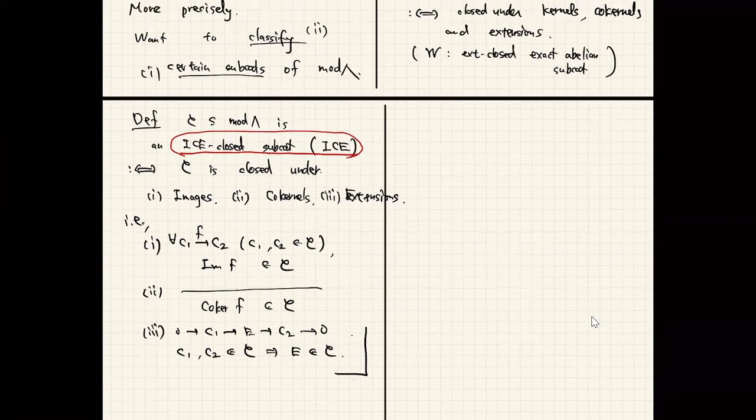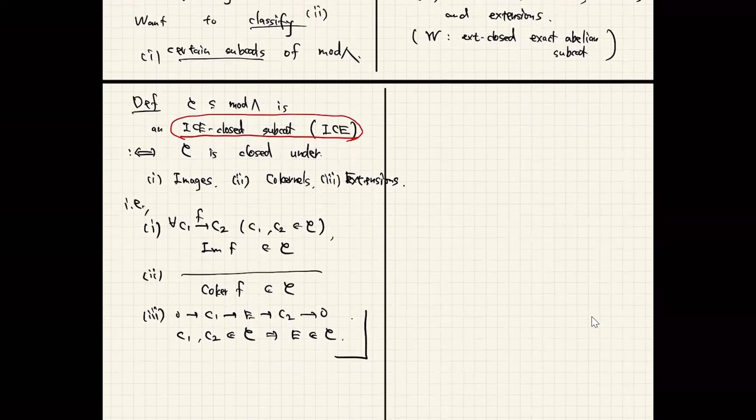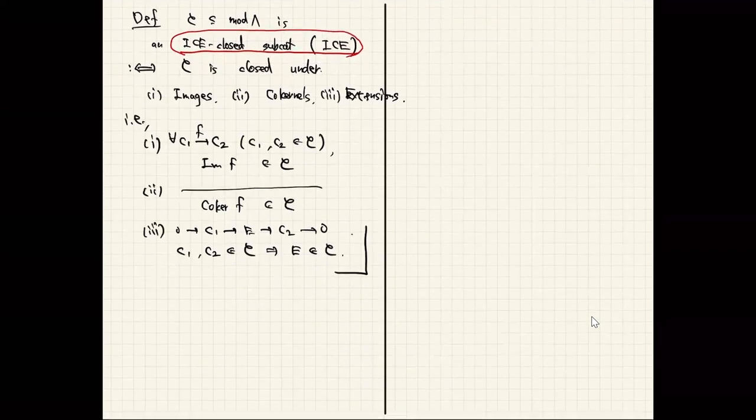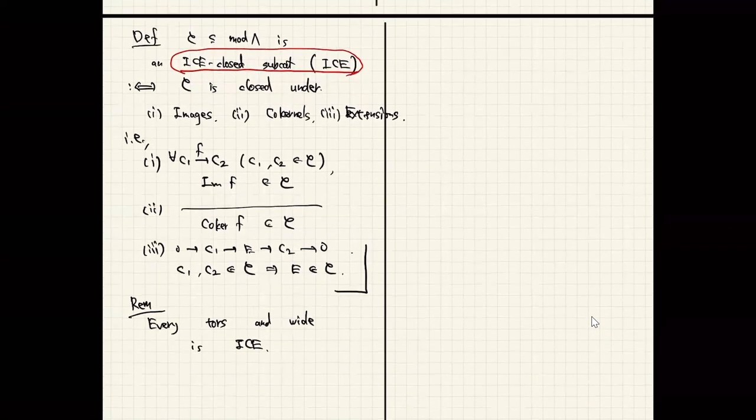And so if you remember the definition of torsion class and wide subcategories, it's easy to check that every torsion class and wide subcategory is ICE. So why?